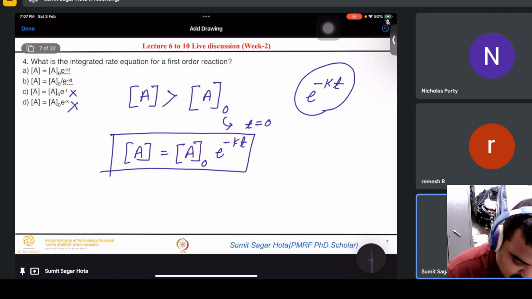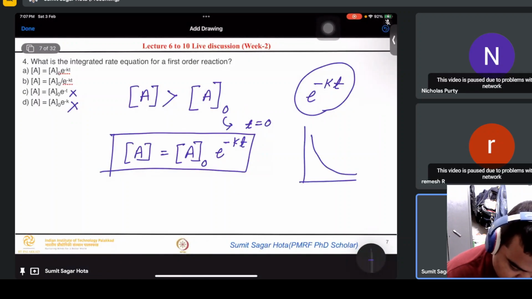Whether it will decrease or increase, that I am not telling. If you multiply it with a naught, obviously it will be a kind of decrement curve.